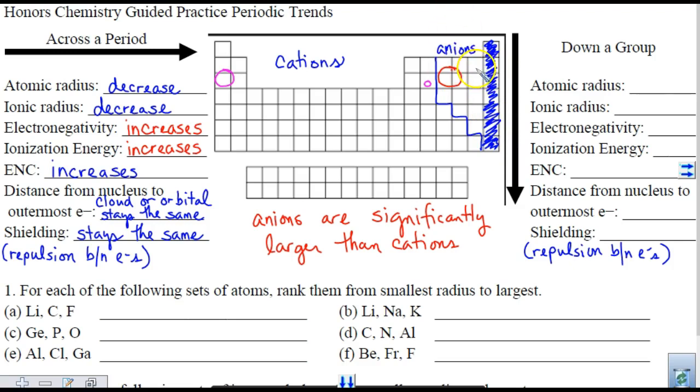When you go down the group, the electrons in 3p are farther away from the nucleus than the ones in 2s. Every time you drop down, you're increasing that distance, and so what you end up with is a decrease in effective nuclear charge.